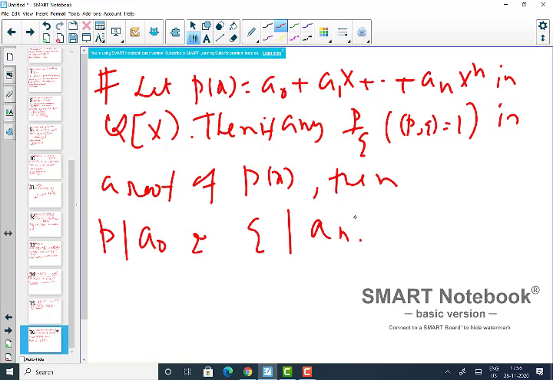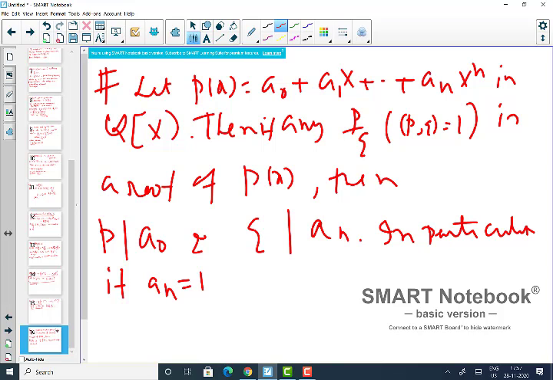Okay, so what does that mean? That means if we start with a monic polynomial, then what happened? Now in particular, if n equal to 1, you don't have to prove anything, right? Because then q has to be plus or minus 1, there is no other choice, so this is kind of an integer, right?